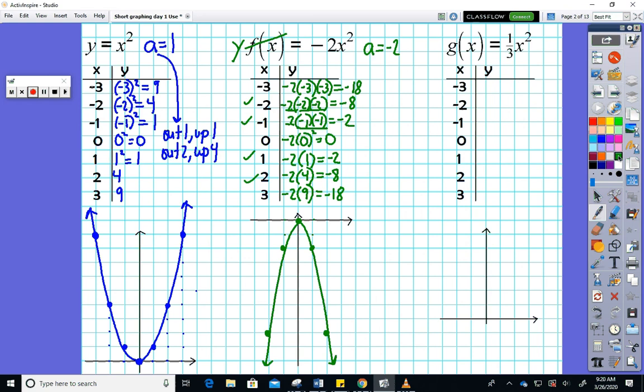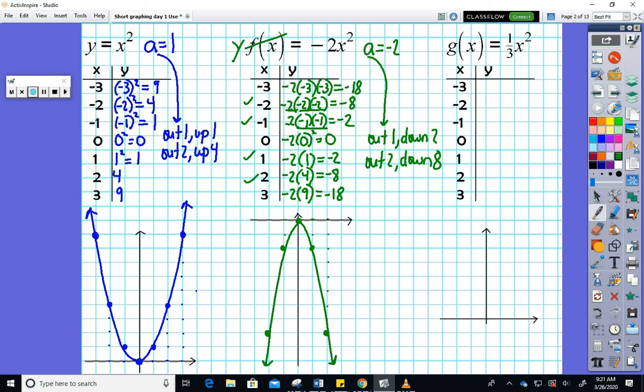Now that the A value is negative 2, I'm counting out 1, down, all right, 2. So look, out 1, down 1, 2. I also counted out 2, down, all right, so look, out 2, down 1, 2, 3, 4, 5, 6, 7, 8.